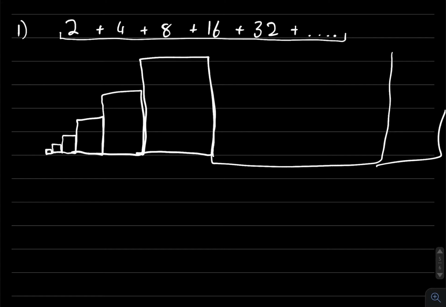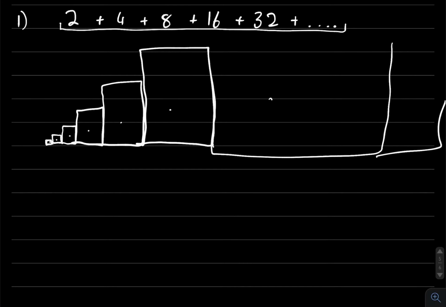Let's say that you wanted to calculate the size of the final object that you get after adding all of these blocks together. This object will obviously be huge since you're adding bigger and bigger blocks to it, right? So we would say that the sum to infinity for something like this does not exist. It's divergent because it's getting bigger and bigger. You can always add another box to make it larger than it was.